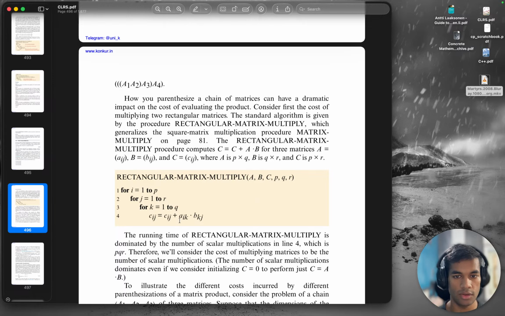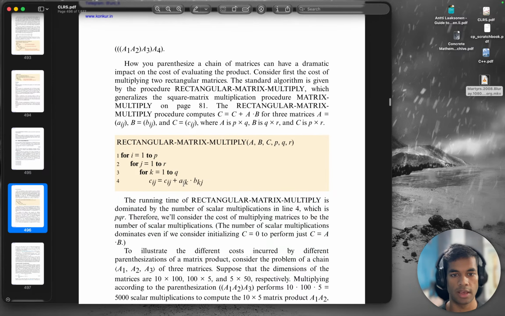And internally you are filling up Cij with all the variations which come as a result of this K thing here. K in A represents the columns and K in B represents the rows.